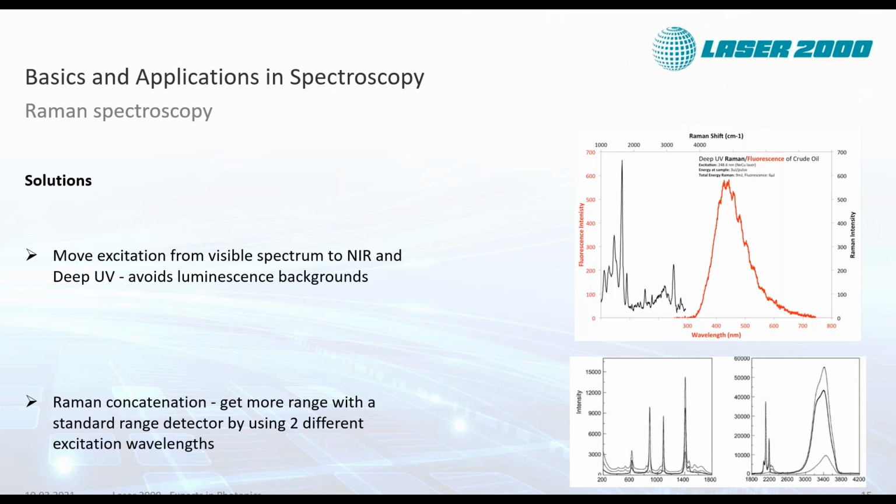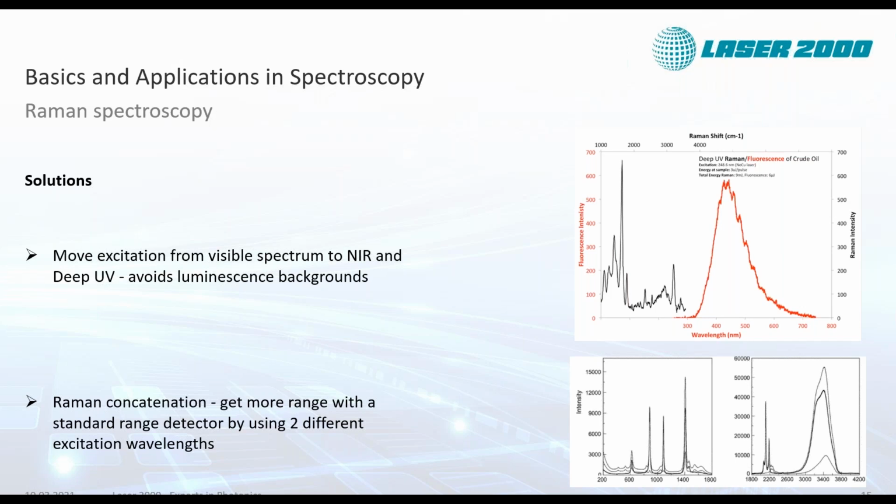Another disadvantage when shifting to the NIR is that your weak signals are even weaker, because the scattering efficiency in Raman goes down with the fourth power of the excitation wavelength. So when you go longer with your excitation, the smaller your Raman signal gets. But therefore you can use more powerful lasers.